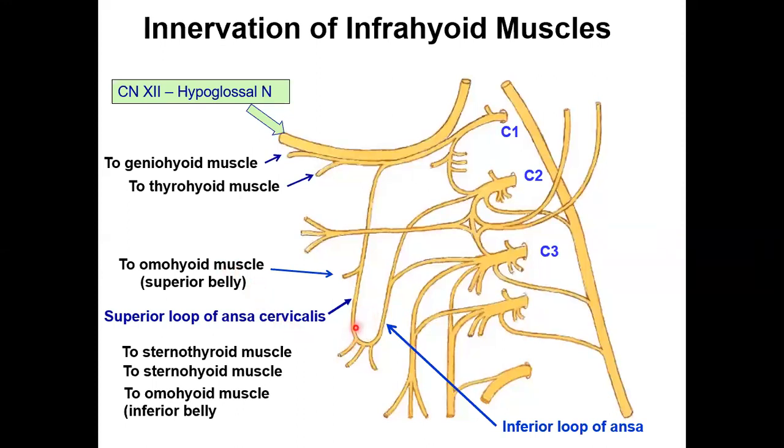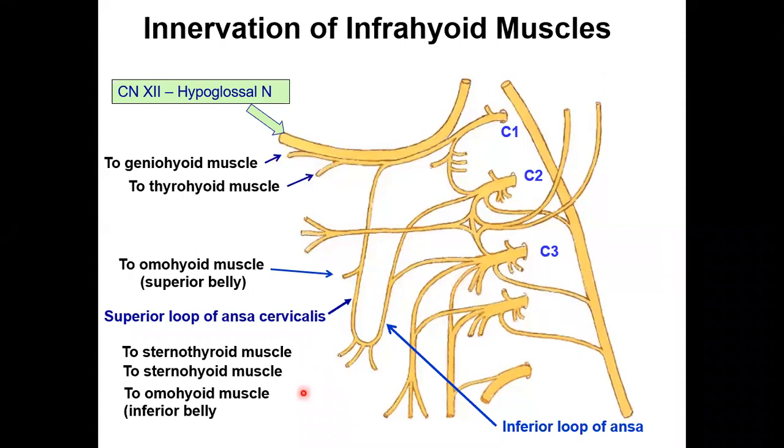And then you have nerves going to the sternothyroid muscle, the sternohyoid muscle, and then the nerve to the inferior belly of omohyoid muscle. So for that inferior loop, you have the nerve going to the inferior belly of omohyoid. And all these are coming off of your Ansa cervicalis or directly from fibers from C1 that pass through.